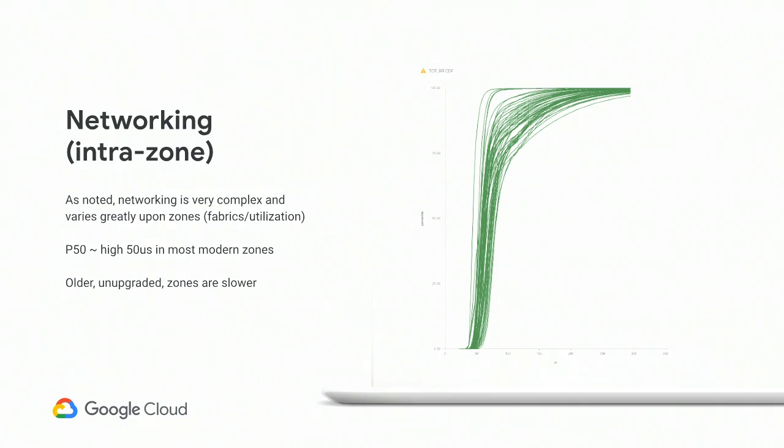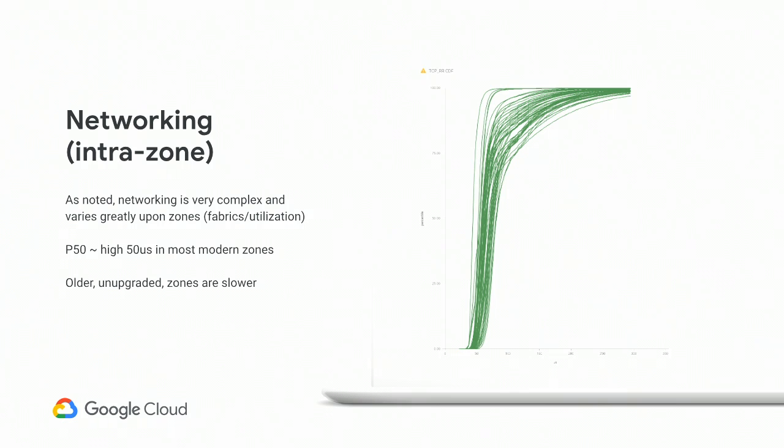All right, what does this all look like with all those caveats? This is our intrazone networking. As you can see, this is one line per zone, and there's a good amount of difference, especially the tails of those zones. That's normally due to utilization effects. But there's also differences at the P50, and most of those are caused by utilization and by different fabrics.